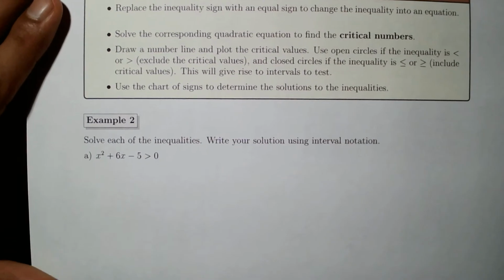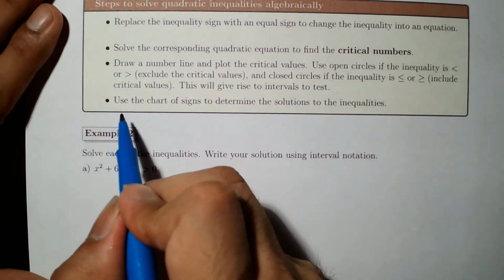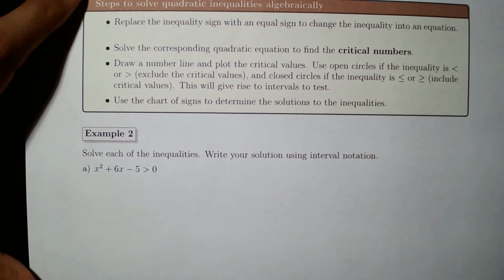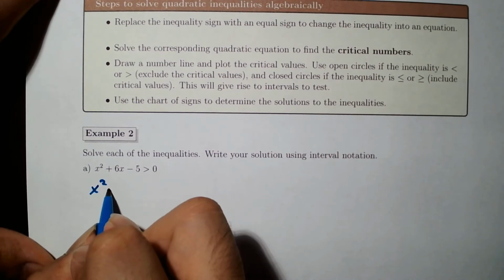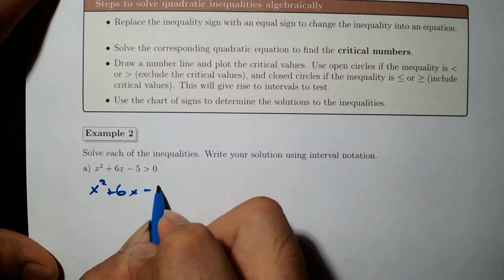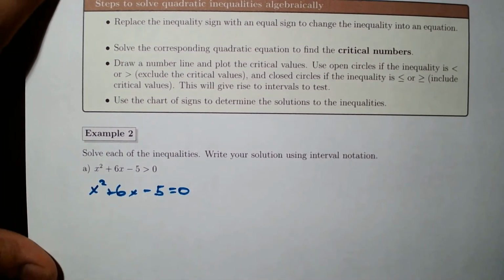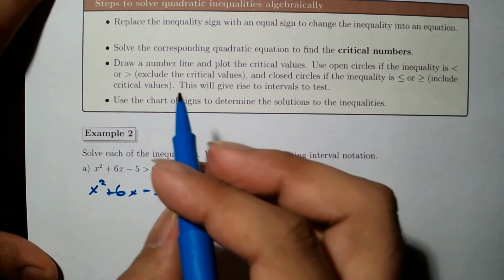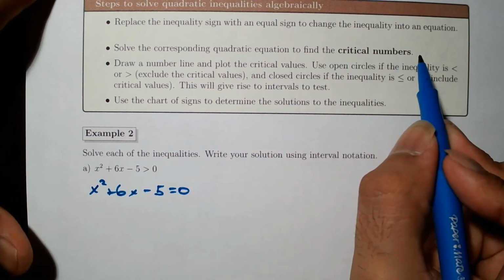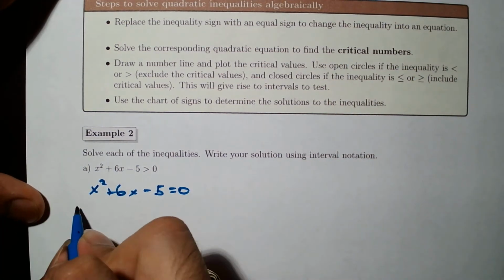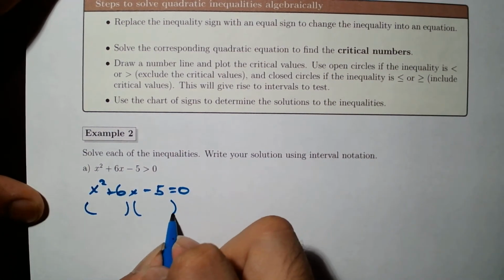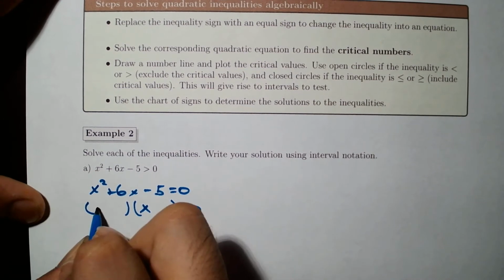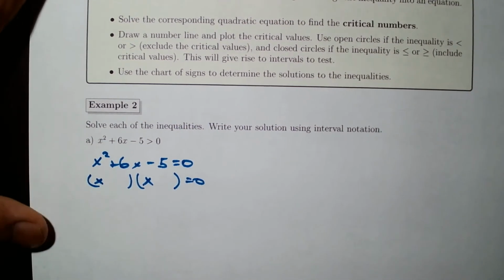Okay, so let's look at an example and check in with every single step. I'm going to write x squared plus 6x minus 5 and turn the inequality sign into an equal sign. Solve the corresponding quadratic equation to find the critical numbers. The nice thing about this equation is that it's easily solved by factoring.